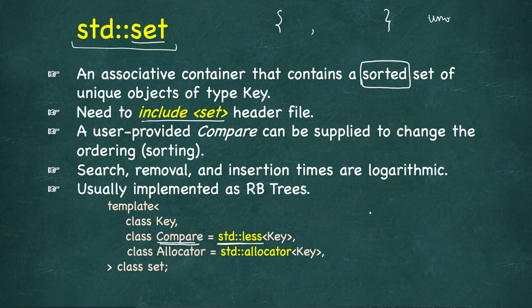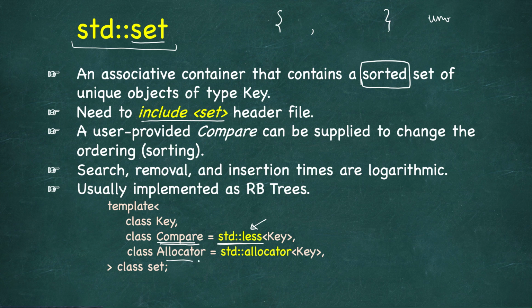So it will sort in ascending order. Let's say you have a set of integers, then the smallest integer will come first. But let's say you are creating a set of some custom defined class, then the standard less than will not work. So you will need to define your own compare function for that, and we will see an example of that also.